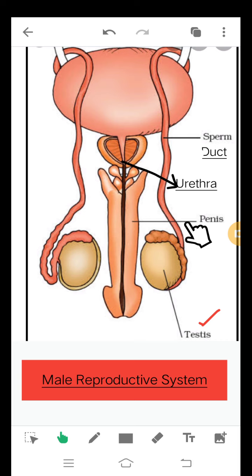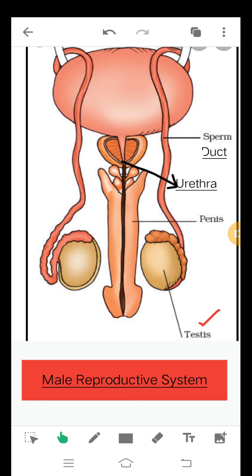So the sperms which were produced in the testes are carried further through the sperm duct, and from the sperm duct they move further into the urethra. This urethra then ends up in the penis, and then they are removed out of the body through the opening called the urinary opening.